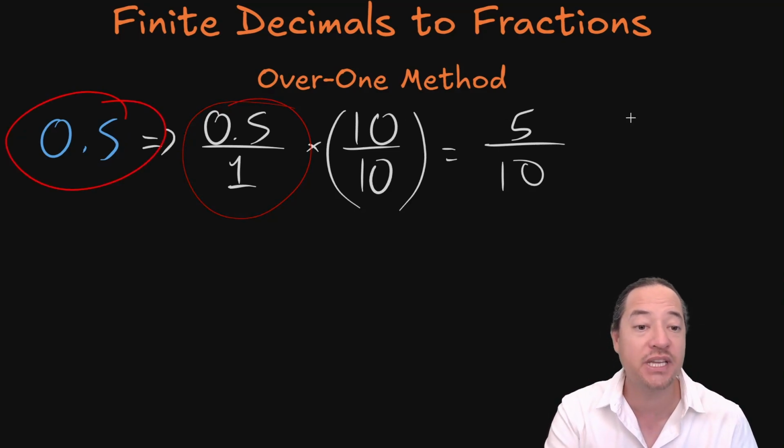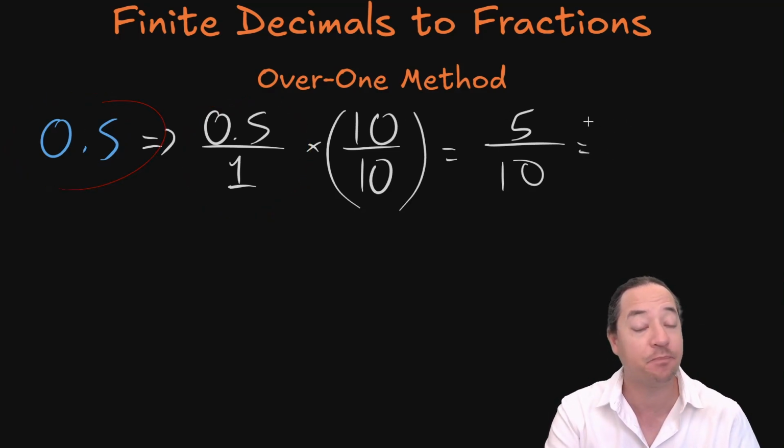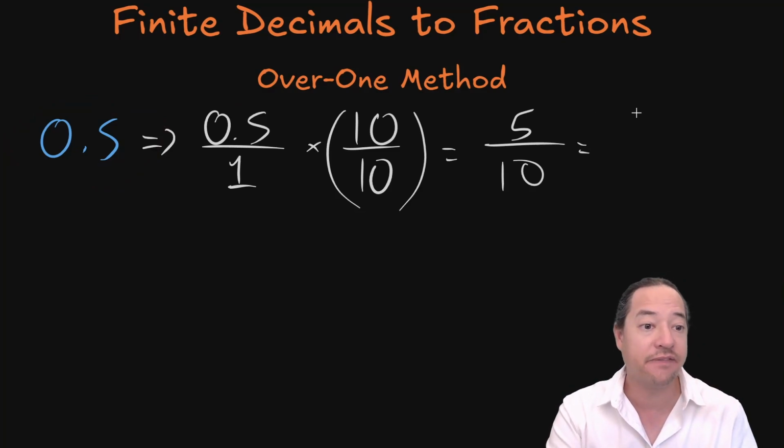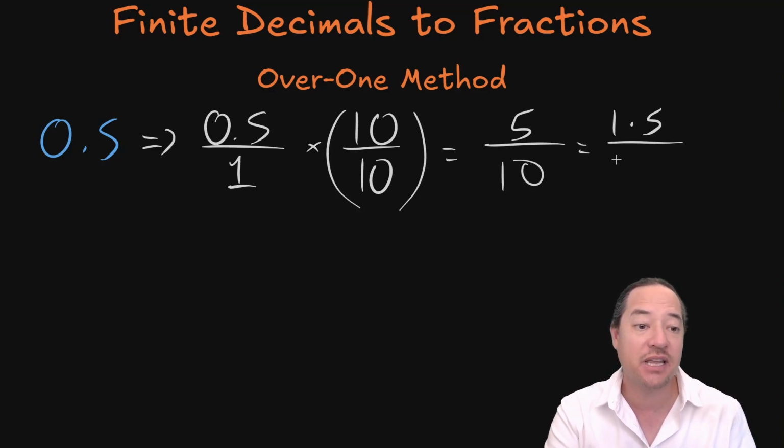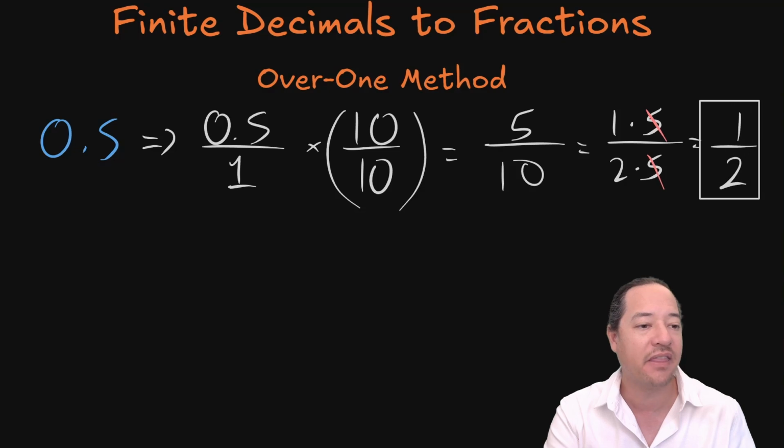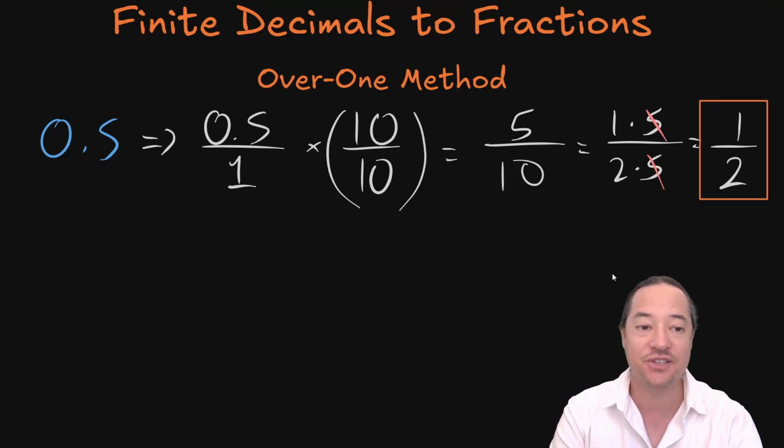And from here, we can simplify this further if we recognize that there's a common factor, right? Now, 5 is a prime number, so we could write this as 1 times 5, and 10 is the same as 2 times 5. So we can cancel out the 5s, and look at this, we get 1/2. That's what we always knew to be true. 1/2 is the same as 0.5.